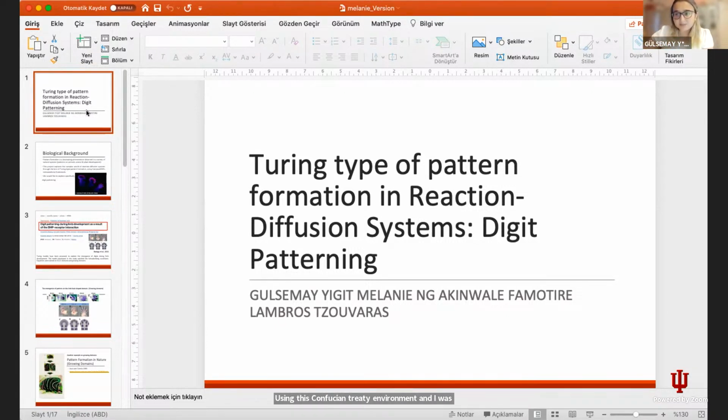Reaction diffusion systems are very popular and used in a lot of applications. One good application is the well-known Schnakenberg model. We also discussed it, and it's an example of Turing type of patterns, and it's a well-studied area. It has really nice conditions for Turing type of patterns. It was our starting point, actually.